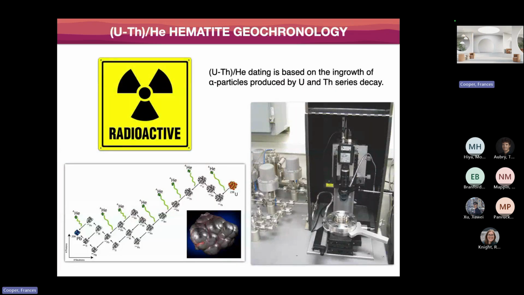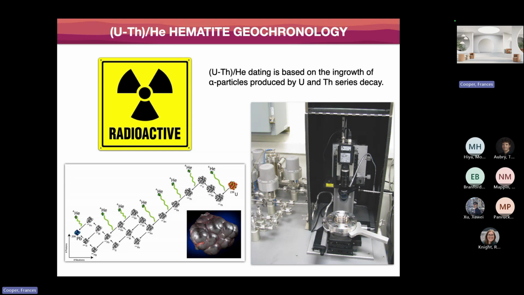So how do we date the hematite? We use a technique called uranium, thorium, helium dating. Uranium, thorium, helium dating is primarily used to measure cooling ages of minerals such as zircon and apatite. So that's where you've probably mostly heard about it. The reason it's used to measure cooling histories is because it's a very low temperature thermochronology method.